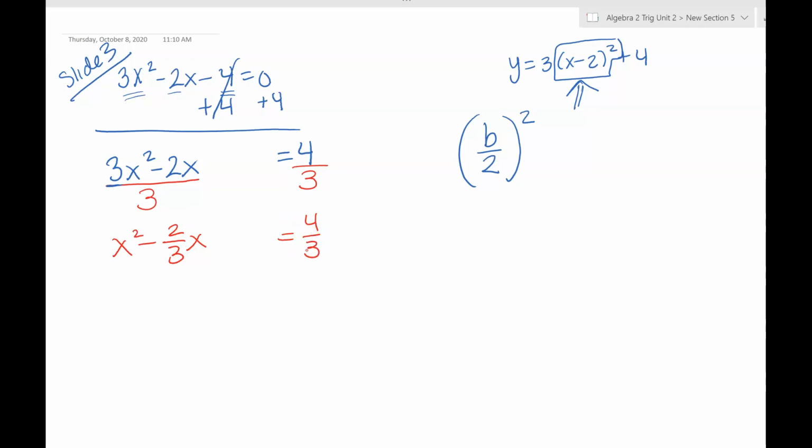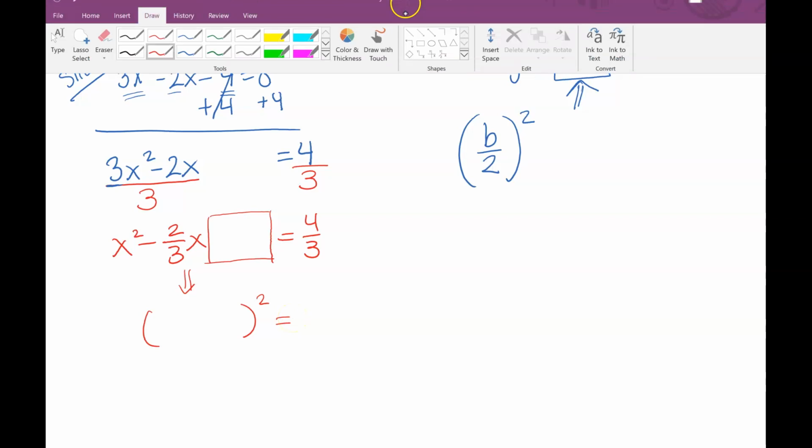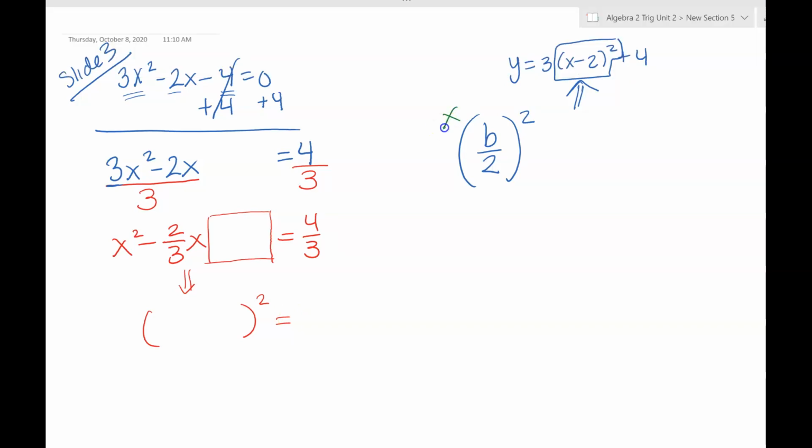We now have something where we are looking to figure out the constant to add on to this equation in order to make this factor as something that is a perfect square. Okay, so that constant now can follow the pattern that we saw in our notes of this b over 2 squared. In order to do that, I would take the b value of negative 2/3. I want to divide it by 2 and square it.